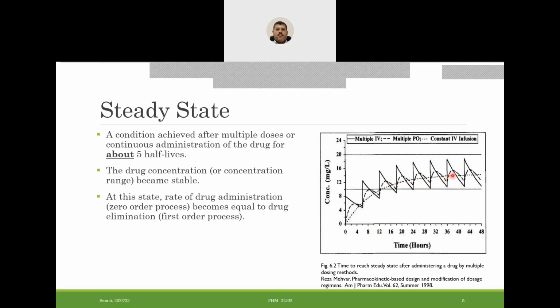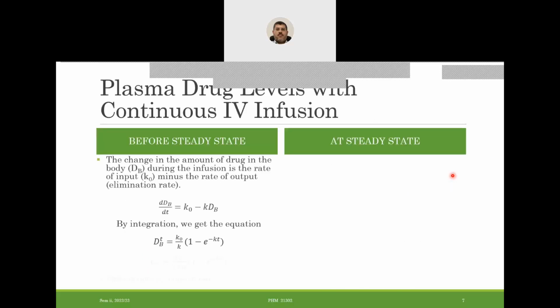Keep increasing, and at steady state, this fraction we subtract from 1 is 0. So we'll get a higher concentration. So this is the equation at steady state. At steady state, we say infusion rate is equal to elimination rate. So K0 is equal to clearance times CSS.